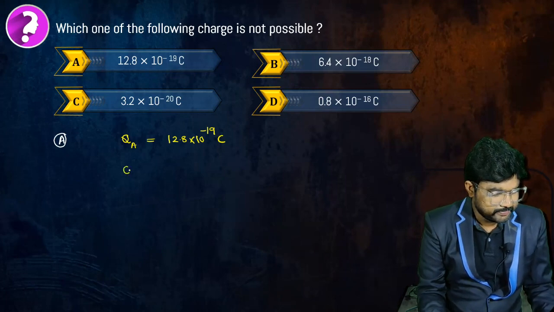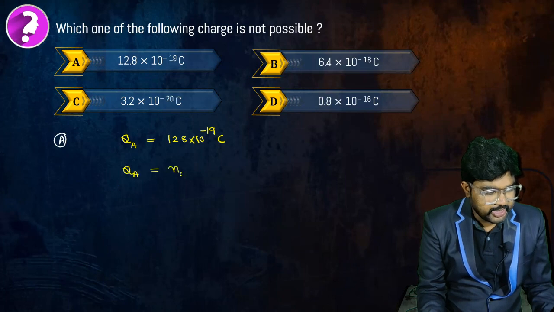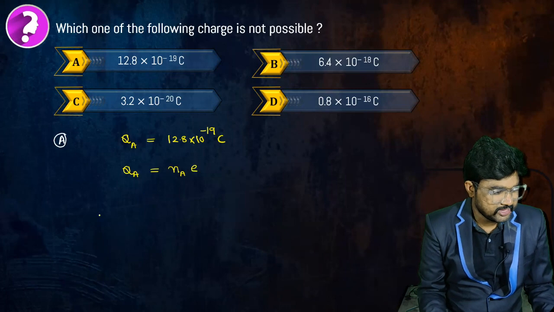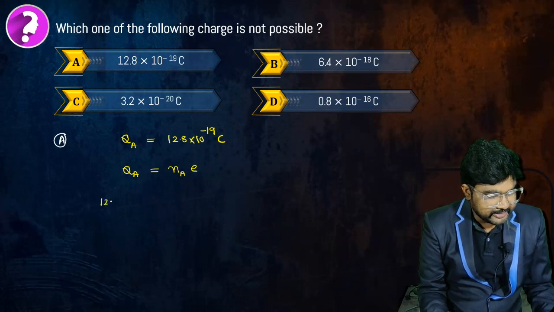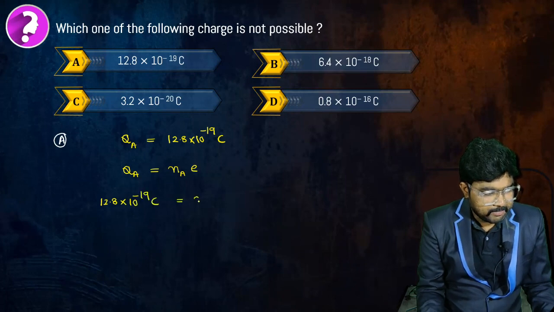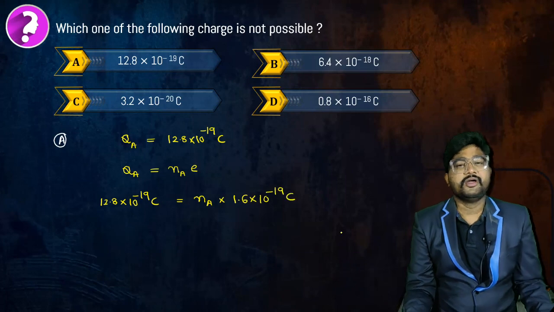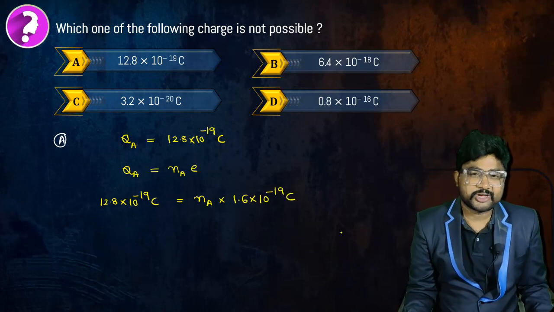Q_A equals number of electrons into charge on the electron: 12.8 into 10 to the power of minus 19 coulomb equals number of electrons into 1.6 into 10 to the power of minus 19 coulomb. This is the charge on the electron.